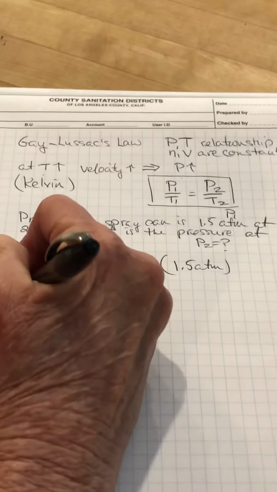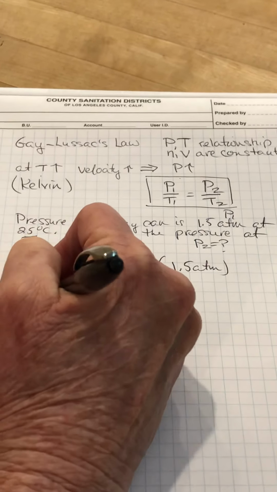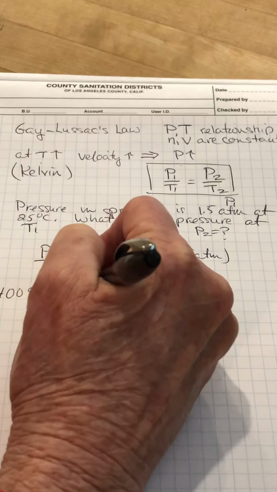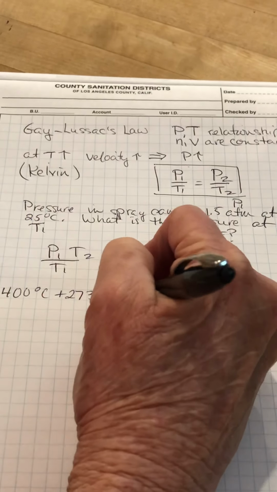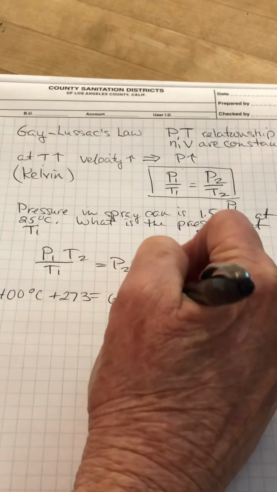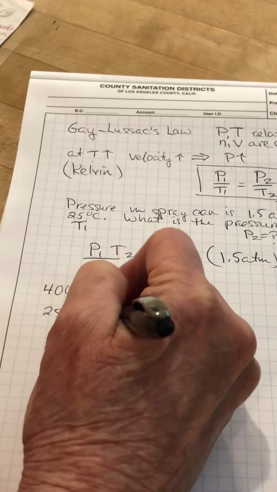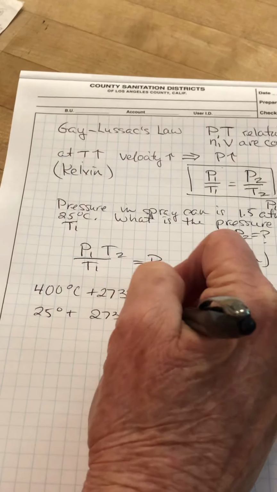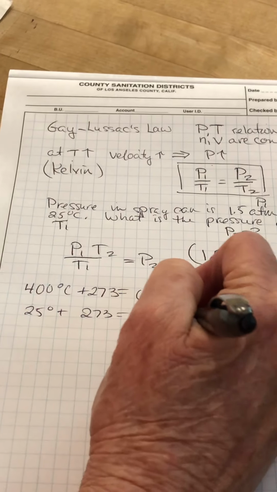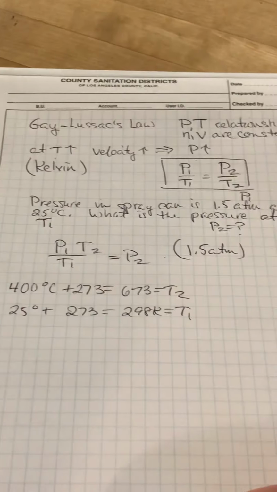Remember, to convert Celsius to Kelvin, we add 273, so 400 plus 273 gives me 673 Kelvin for T2, and 25 degrees plus 273 equals 298 Kelvin. That's T1.